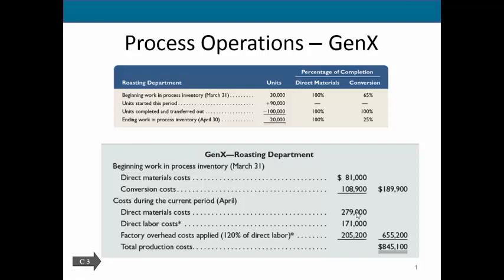But just so you know, in the FIFO method, we would be costing our beginning work in process first because, since this was the first in, it would also be considered the first sold. That's a basic accounting 101 type term. But again, we're using weighted average and we're going to lump all of these costs together just for simplicity.